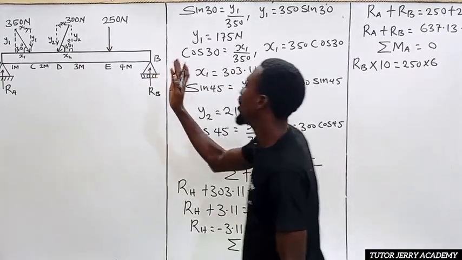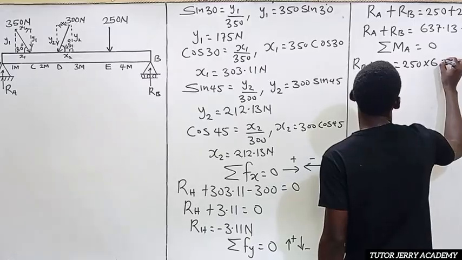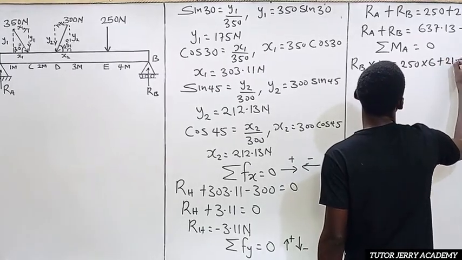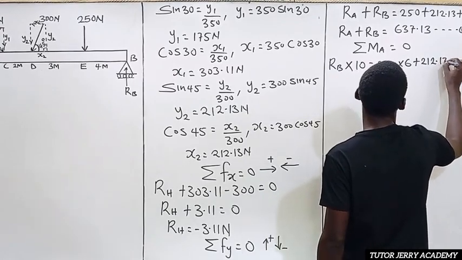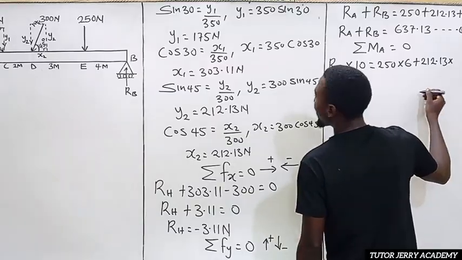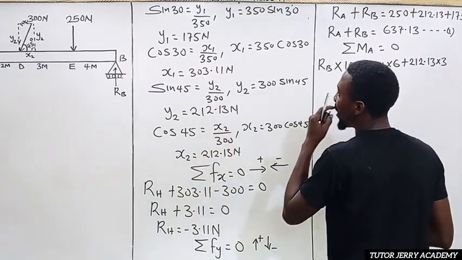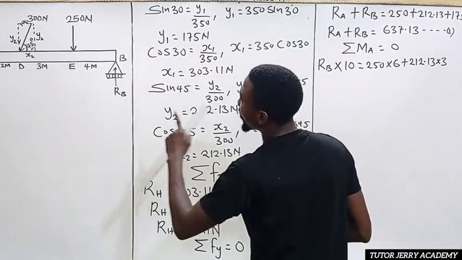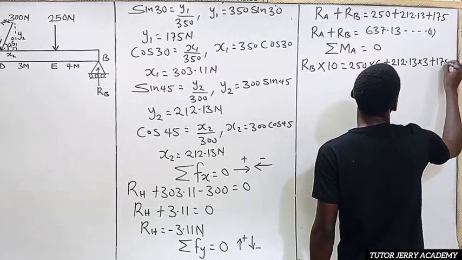All right. So then we are going to have Y2, which is 212.13 multiplied by 3. And the next force, which is Y1. Y1 is 175 multiplied by 1, which is 175.